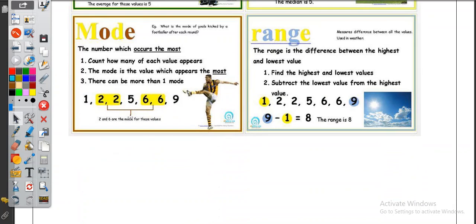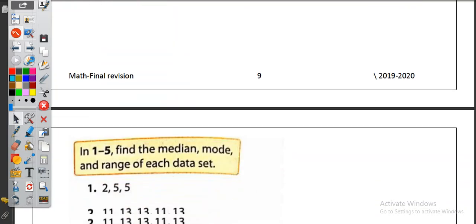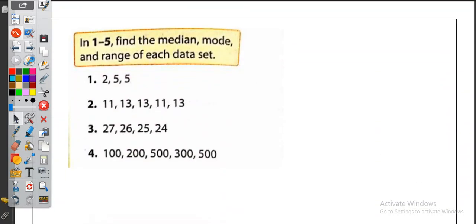The mode, you will take the most frequent number that you have, and the range, you will take the largest value and subtract from it the least value to have the range. Okay, now let's see how we will apply this in the final question, which is find the median, mode and range of each set of data.